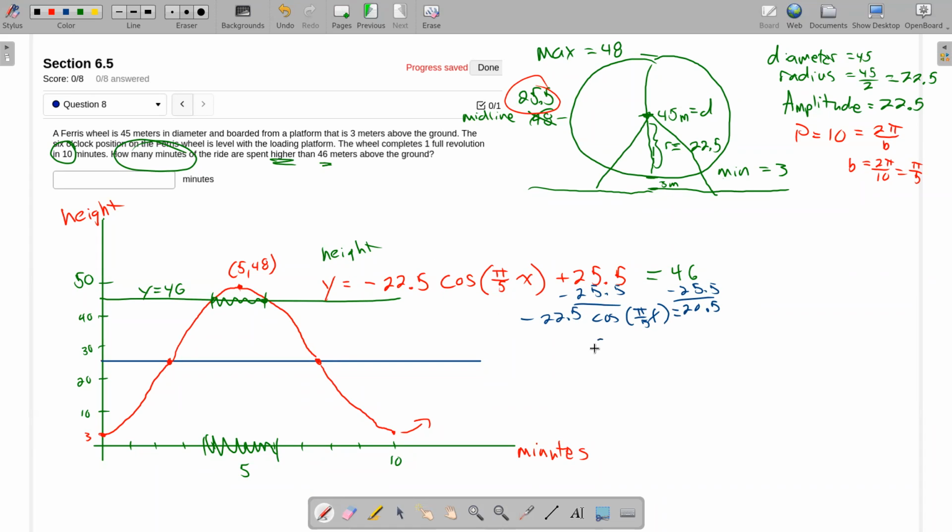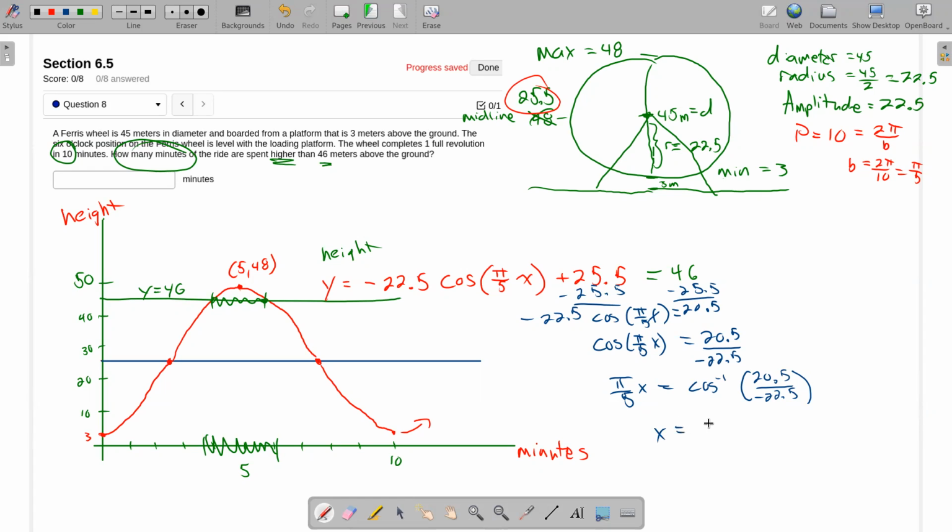Divide by negative 22.5. And then arc cosine, or cosine inverse if you prefer. And then multiply by the reciprocal, pi over 5.